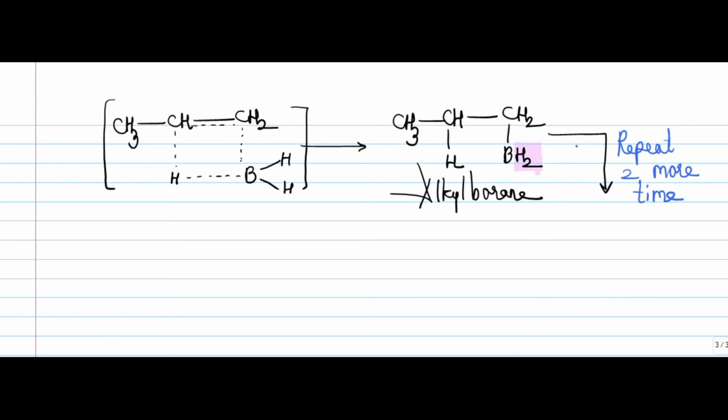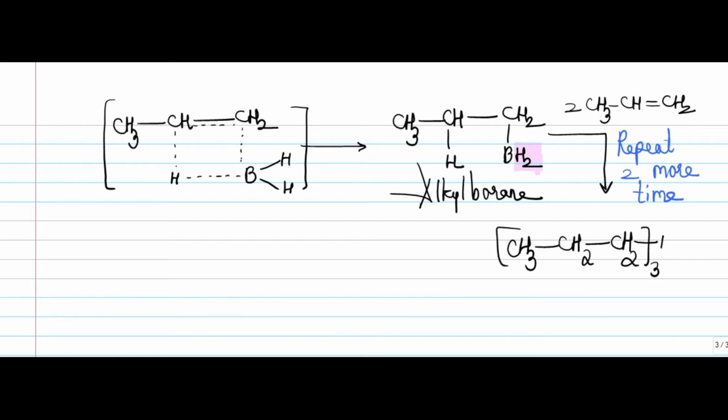So every time one alkene now gets added, right? So I'm just putting 2 times CH3CH=CH2, right? So we're repeating 2 times, and finally we end up getting a trialkyl borane, (CH3CH2CH2)3B, and this is boron.